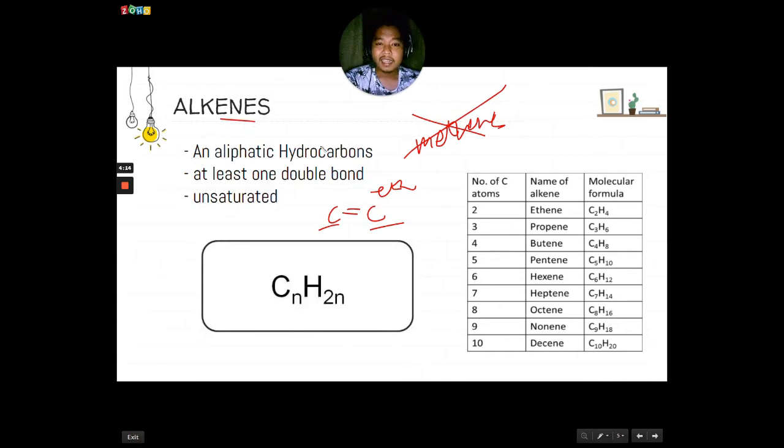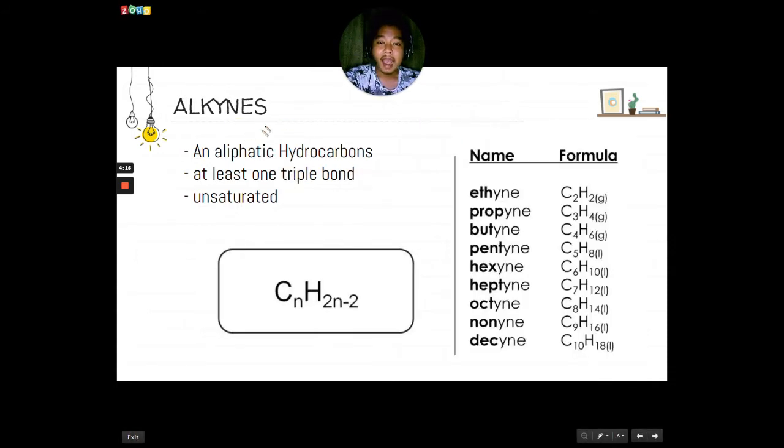And finally, for our topic today, alkynes. What is an alkyne? An alkyne is still an aliphatic hydrocarbon, meaning this is still a straight-chained hydrocarbon, an open one where another carbon can still connect. Why am I repeating this?